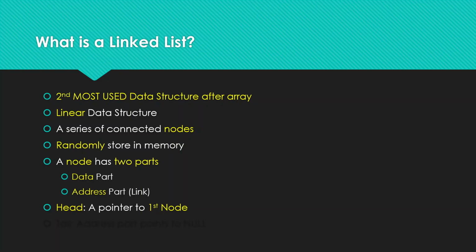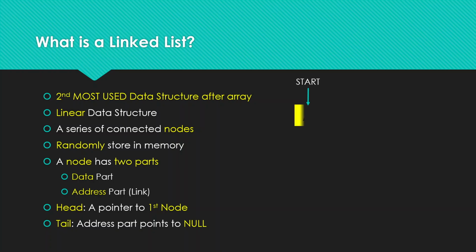So that particular pointer that stores the address of the first node is what we call the head. And we also have the tail, which is the last node. The unique thing about the tail is that it will always have the null value on its address part, meaning that that is the end of the list. So that is what that really depicts.